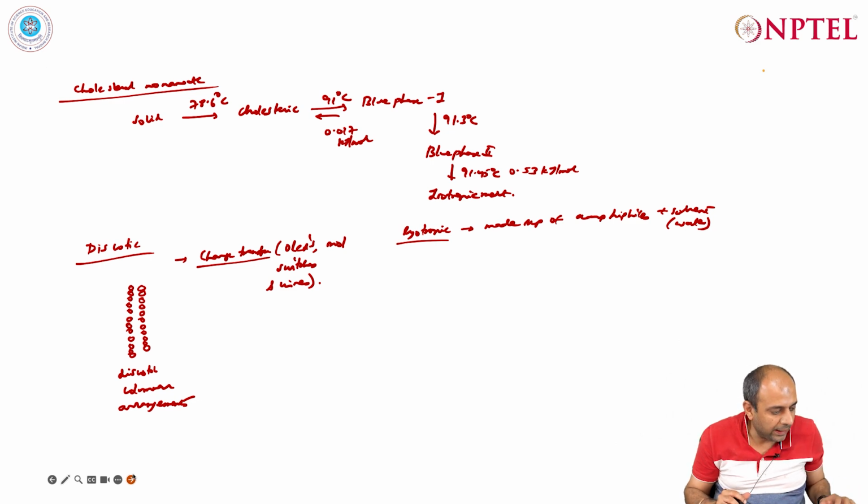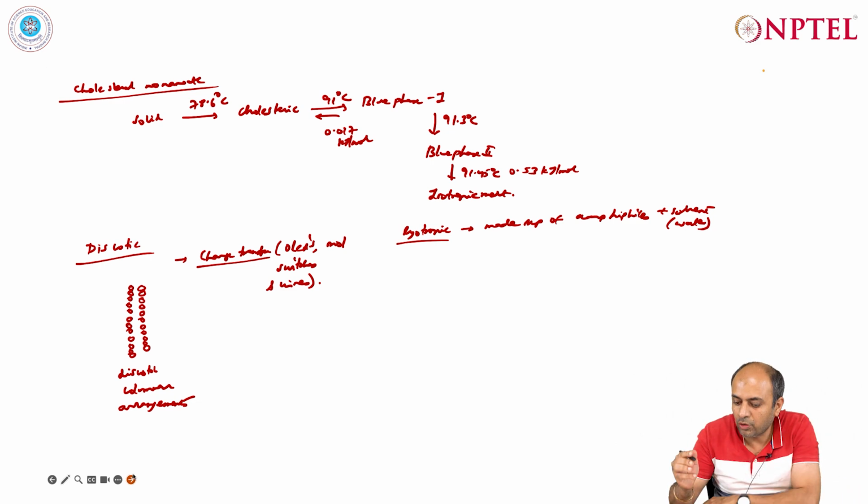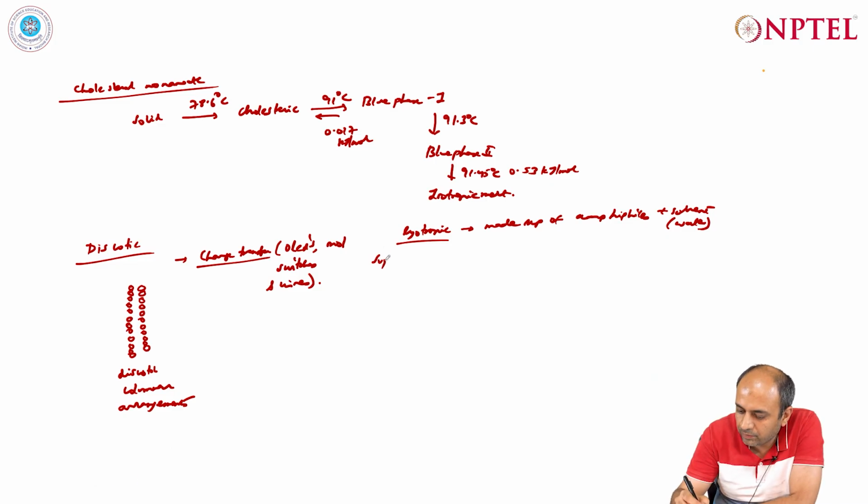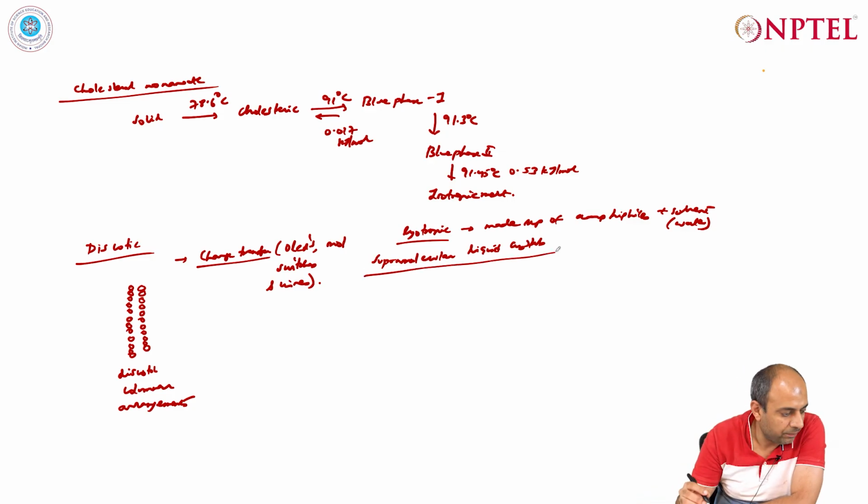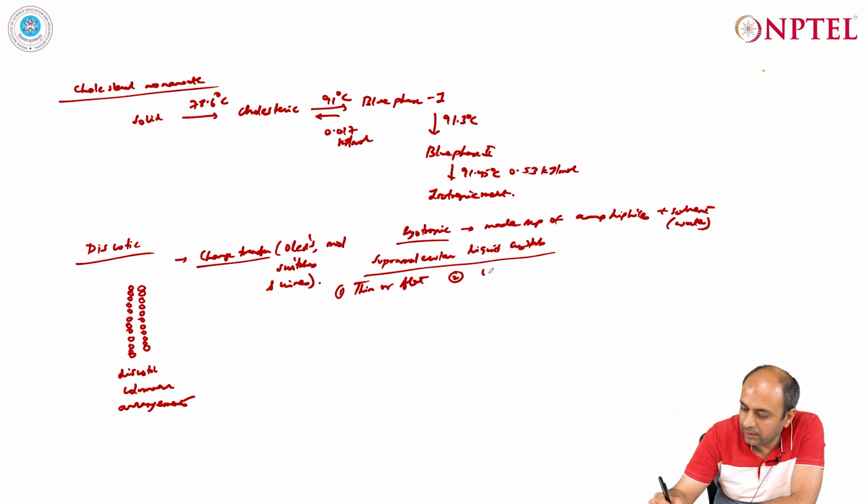So with this background in mind, we can now go and look at some interesting examples of supramolecular liquid crystals which are actually held by non-covalent interactions, and again here there are some prerequisites which are of interest to design these kind of liquid crystalline materials. As I told you, these must be thin or flat like molecules, and length must be at least 13 angstrom, and to have that it will be nice if you can have alkyl chains which are present.